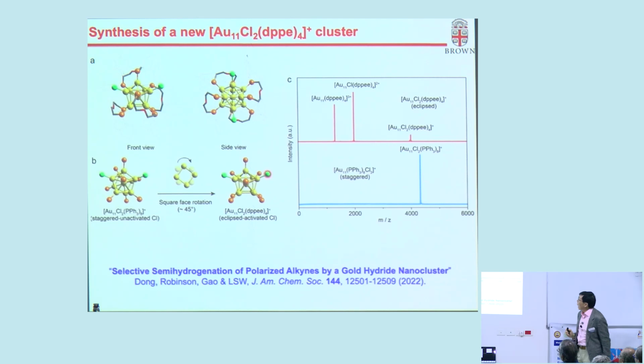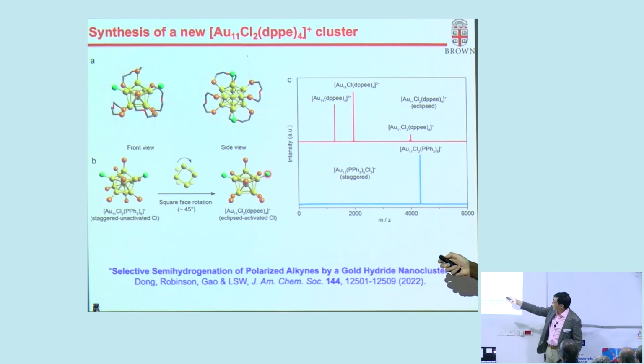So now, because this chlorine atom is labile, that means in solution, that chlorine atom can come and go, right? It can basically dissociate. So then you can open up active sites. So Jiao tried alkyne hydrogenation.